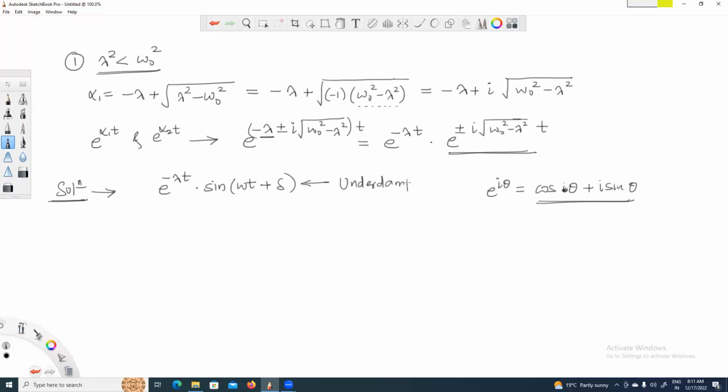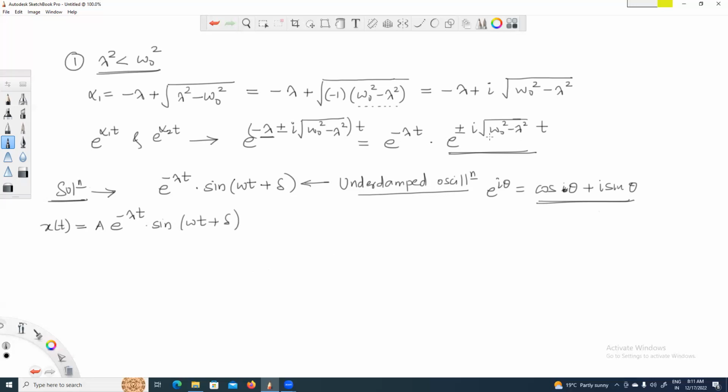So the solution of the differential equation for the underdamped case will look like this: some constant a e raised to minus lambda times t times sine of omega t plus delta.